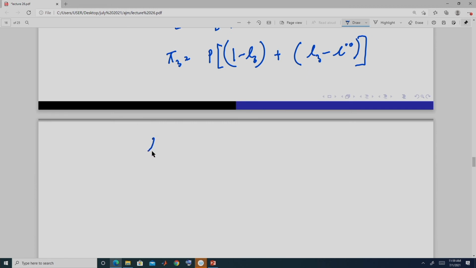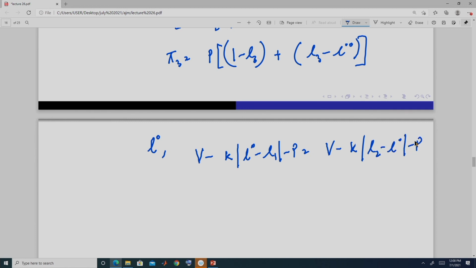So, L double naught is such that this is equal to this. So, from here we get L.